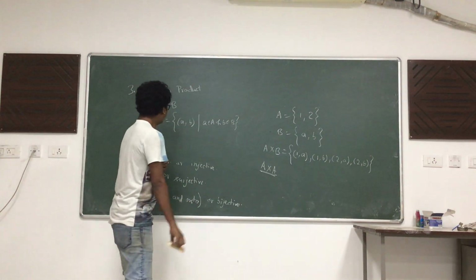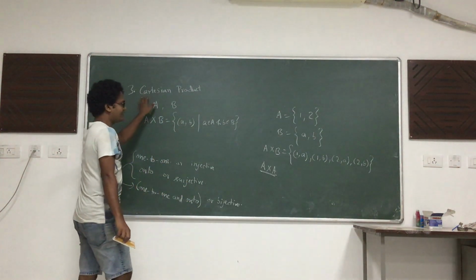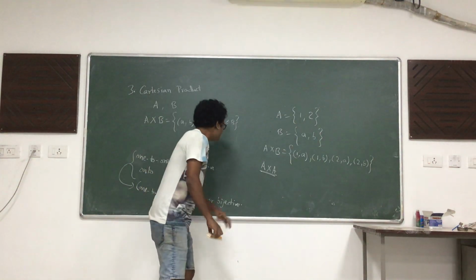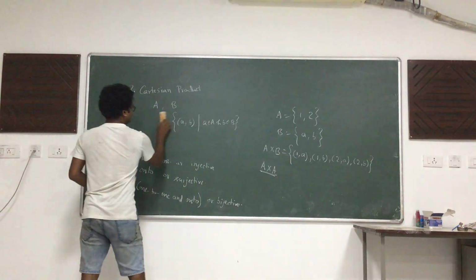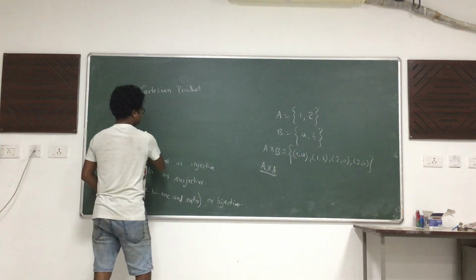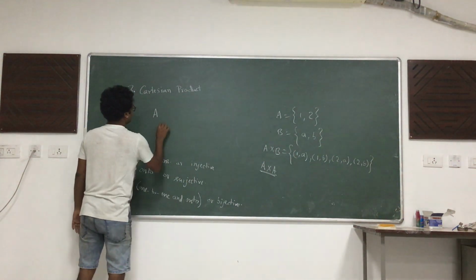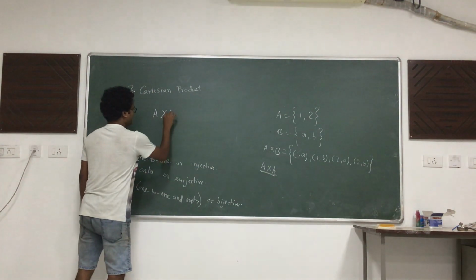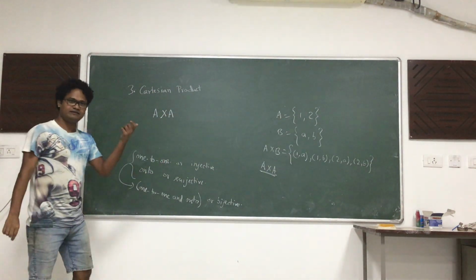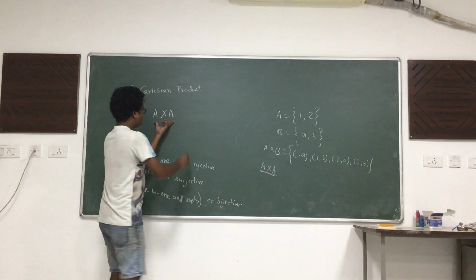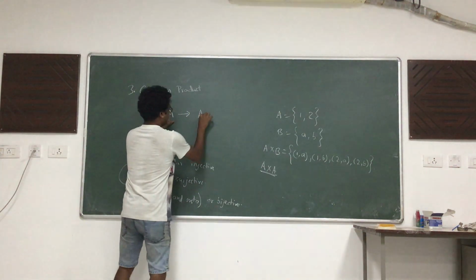Now, an interesting thing: we'll combine the Cartesian product and the mapping. We can define a mapping from A cross A, which is a set, to A itself.